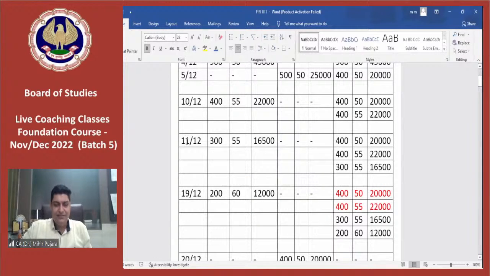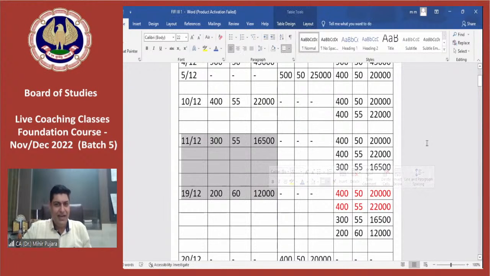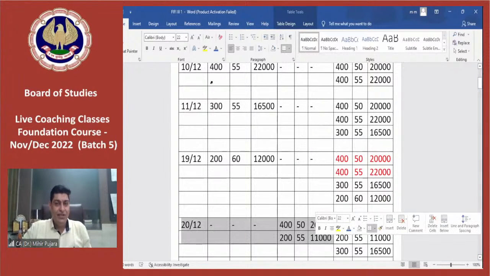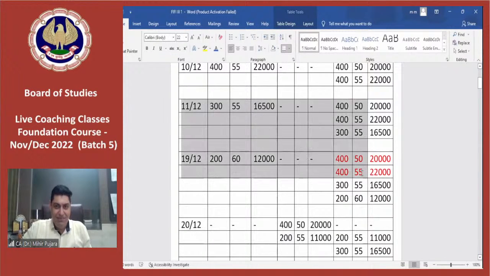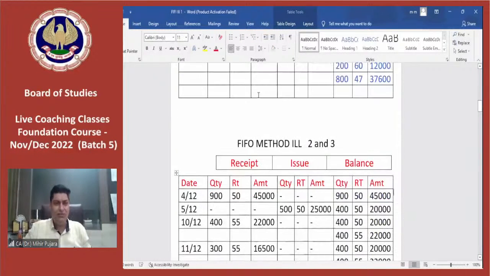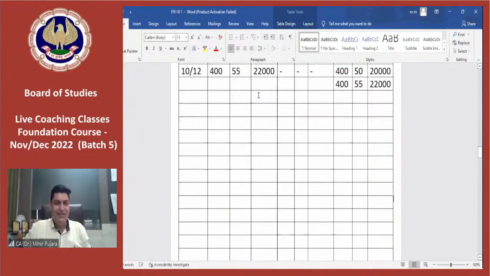11th and 19th are your purchases. 20 is your issue. So I can say, sir, keep it as it is. I can simply say copy and paste because it's a purchase. There will be no change from a purchase. Change comes when we issue. So on 11 and 19 we are not issuing, we are purchasing. It will remain same, sir. Just do copy paste. Don't worry about this.